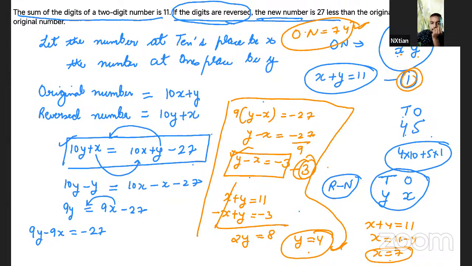Understood? No. Where didn't you understand? Tell me. Ask me. So 77 is supposed to be 11.